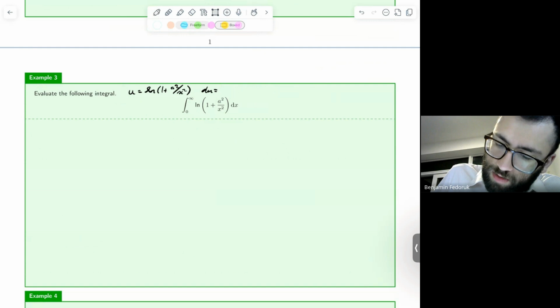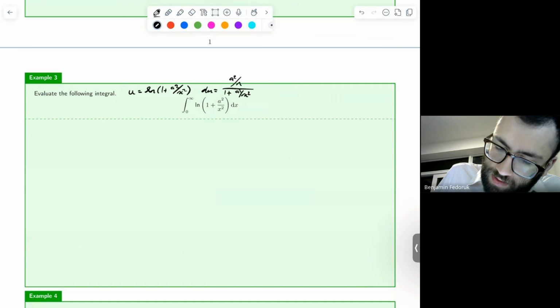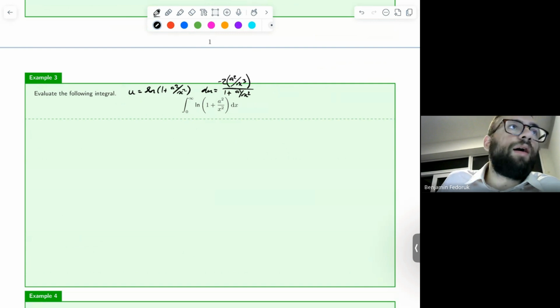If you do chain rule, so derivative of ln is 1 over, so we'll keep the inside the same. And then derivative of that inside is going to be a squared over x cubed times negative 2. Right? Which is ugly, right? There's no way around that.